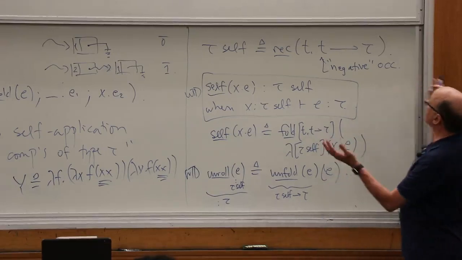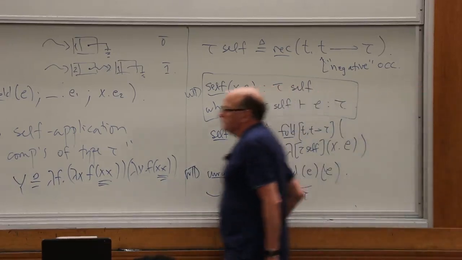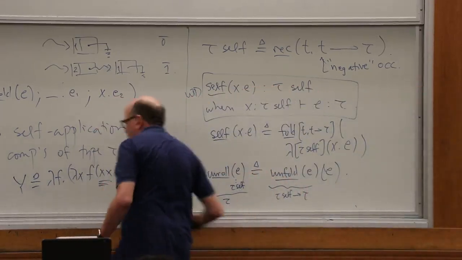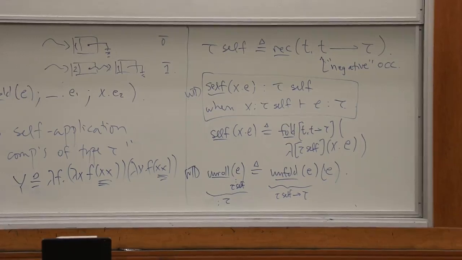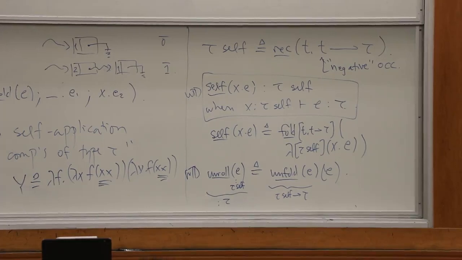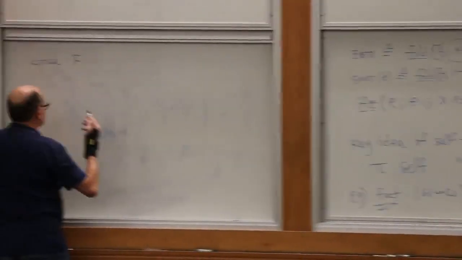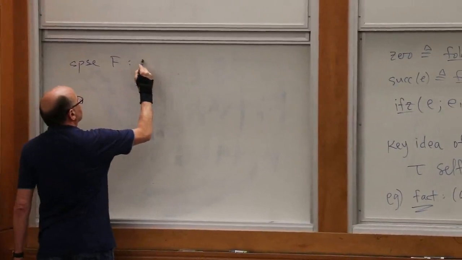Because what I do is, I need a place to write this. It's a little bit finicky, but the idea is that suppose I define some f, let's call it up, which is some kind of tau self.